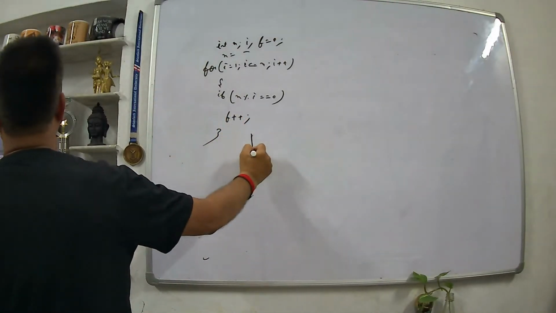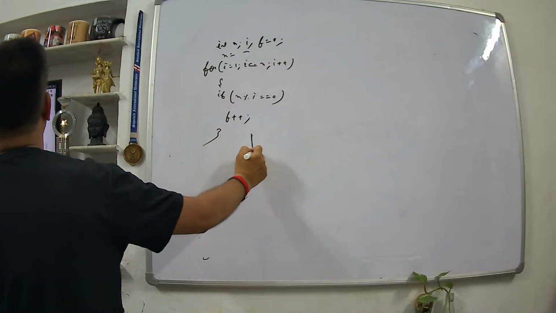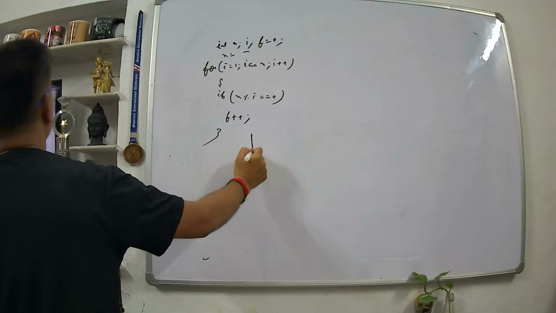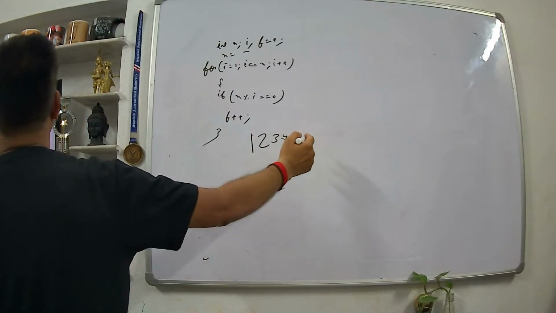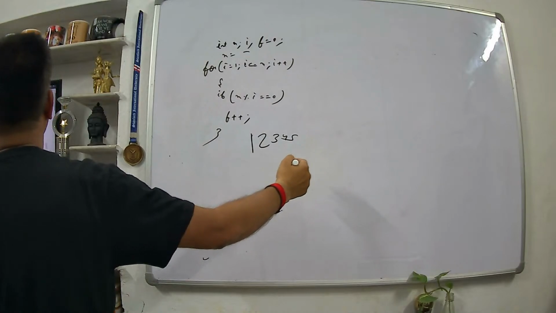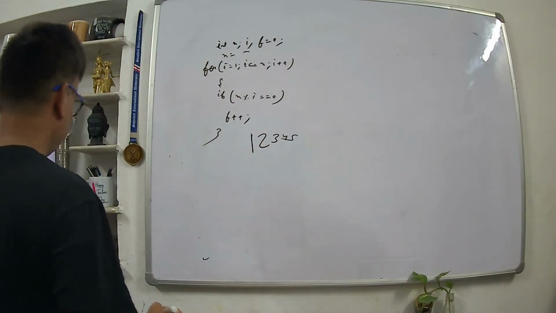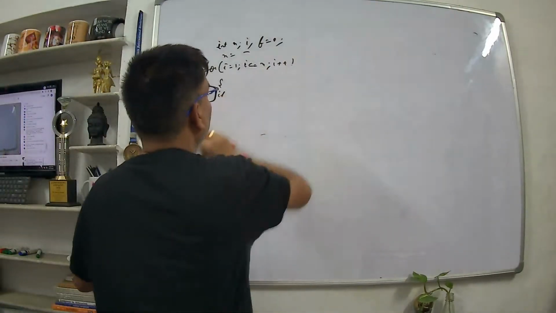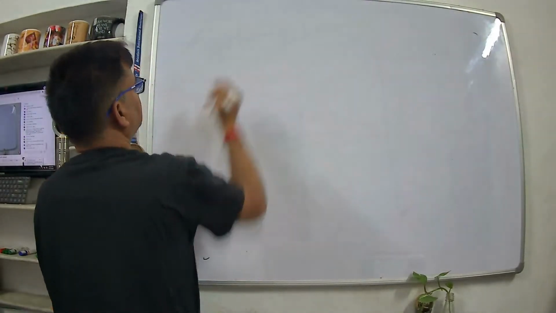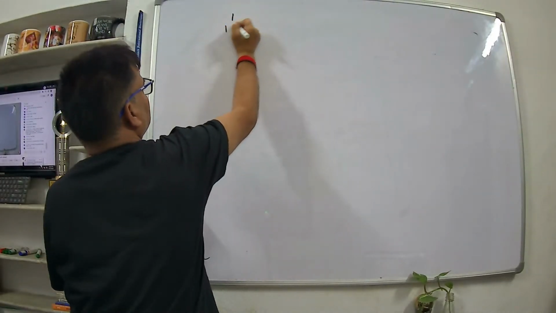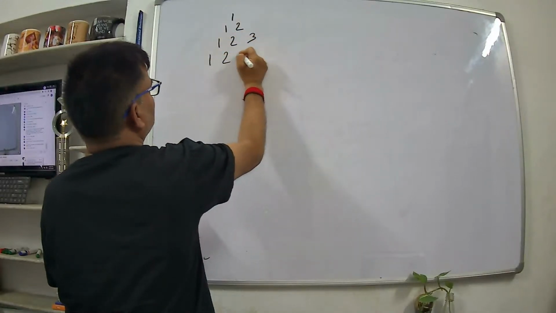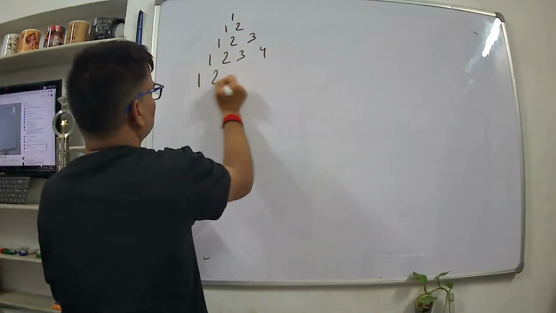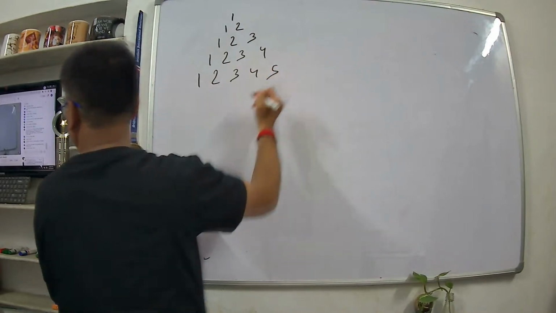One is in the middle, the last line one is 3, 1, 2, 3, 4, 5. 1, 2, 3, 4, 5, blank. Space 1, 2, 3, blank. I guess you are talking about this. 1, 1, 2, 1, 2, 3, 1, 2, 3, 4, 1, 2, 3, 4, 5.